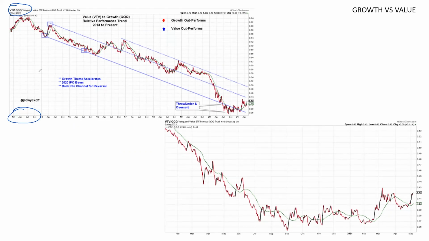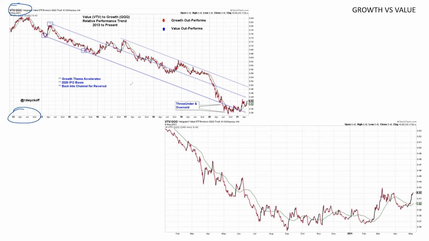In this case, it's the Vanguard Value Fund and the QQQ NASDAQ 100 in a ratio, which is a relative strength relationship. And the line declining basically shows that growth is outperforming value and has been at least since the beginning of this chart, 2013.